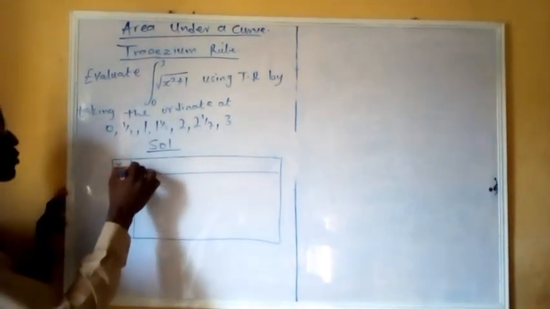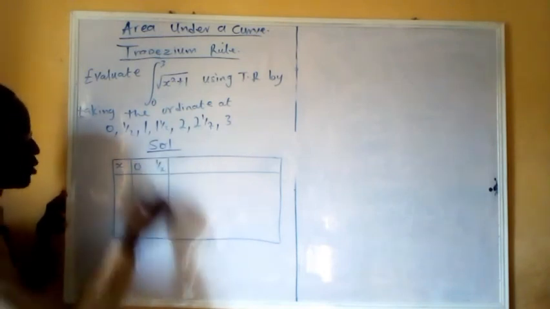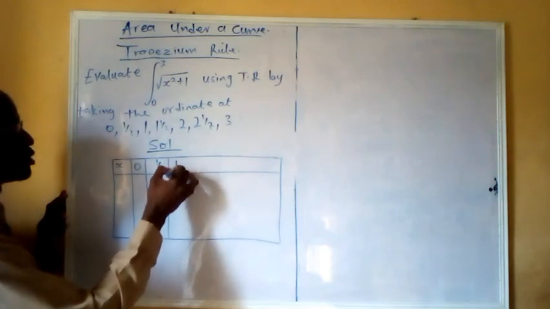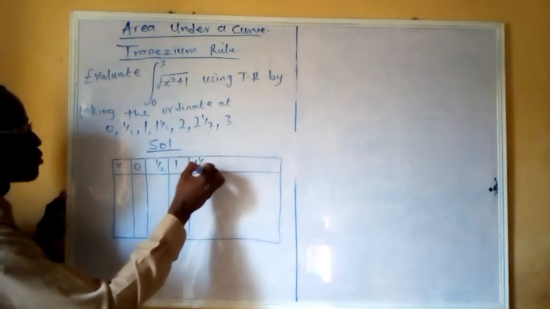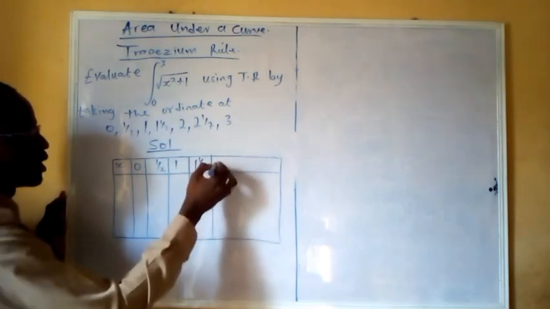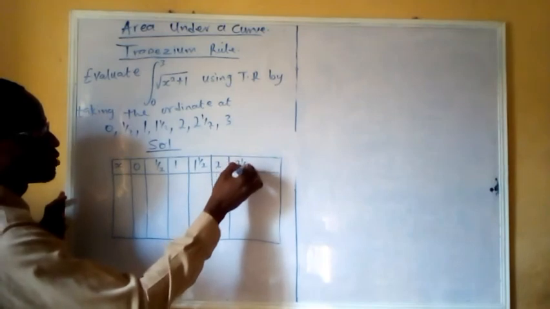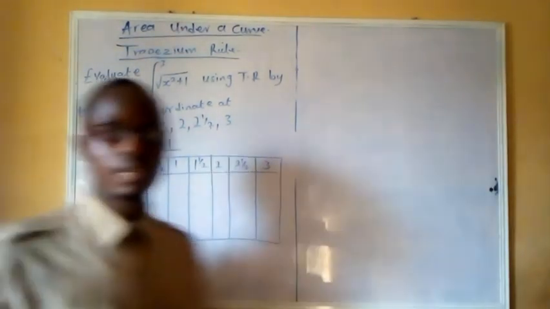So we have 0, 1 over 2, 1, 1 and a half, 2, 2 and a half, and 3.